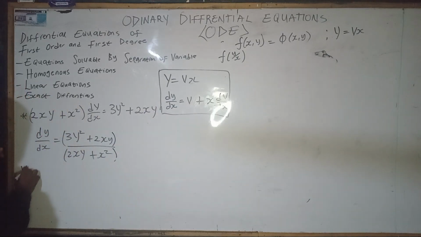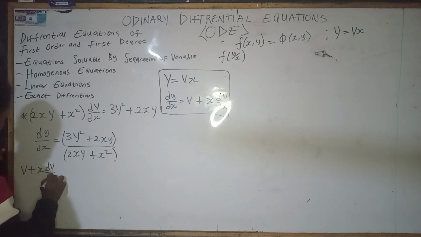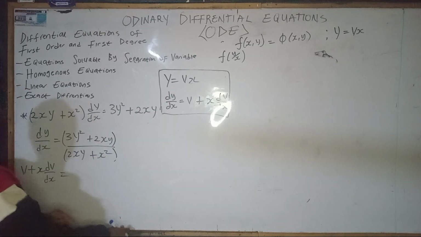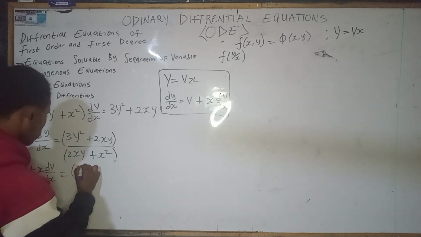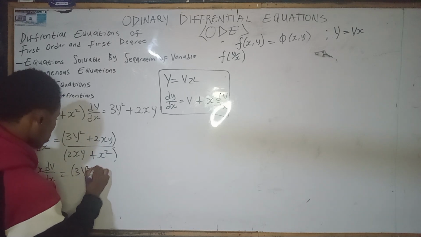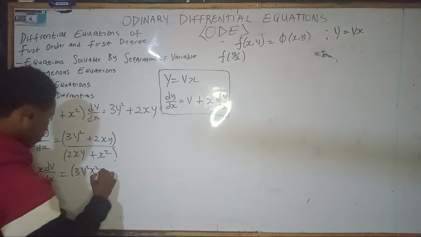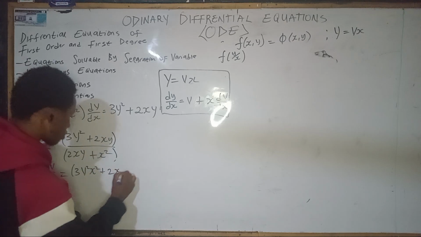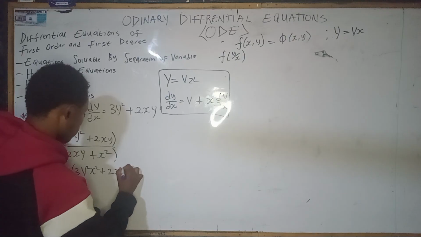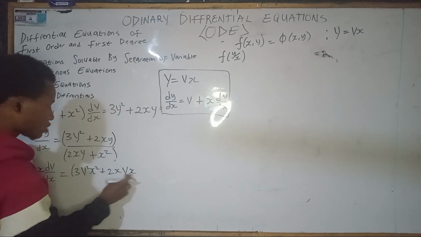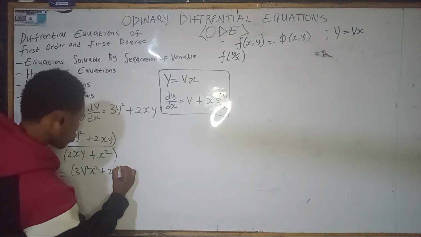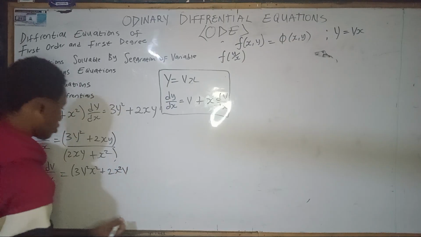We have v plus x times dv dx equals, now y is equal to vx, so we have in brackets 3 v squared x squared, and we have plus 2x, y is equal to vx. So we have v times another x here. So we can just do x times x, and we're going to be having 2x squared v.